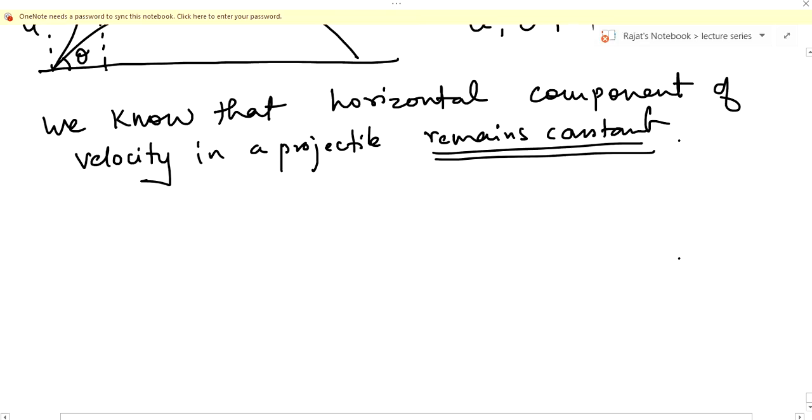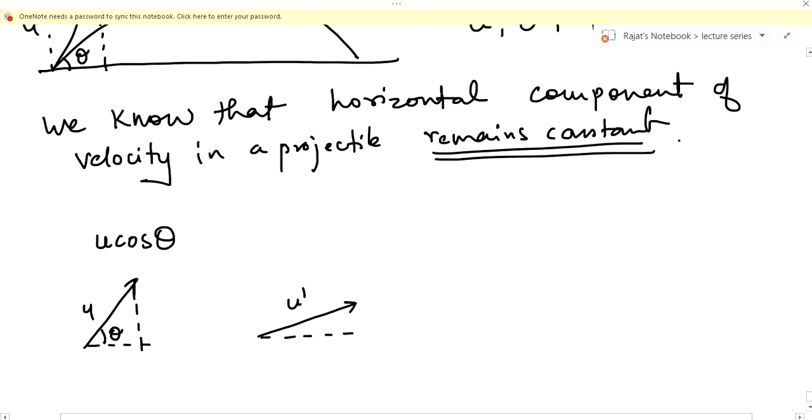The initial horizontal component will be u cos theta. When the projectile is at an angle of beta with the horizontal and its total velocity is u dash, initially it is u at an angle of theta, and finally we want to talk about u dash when the angle is beta.